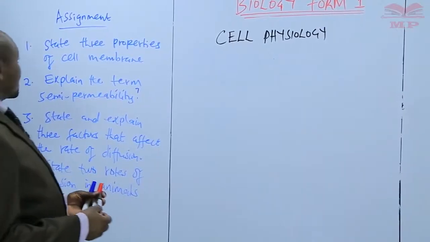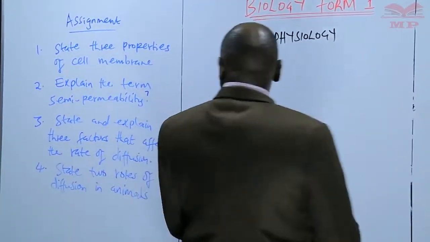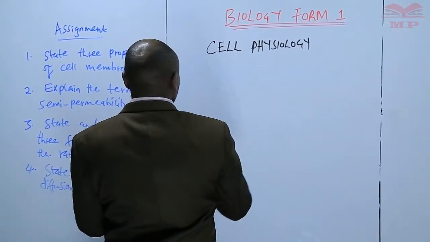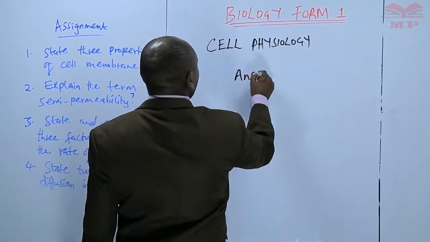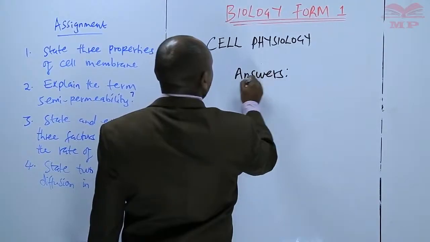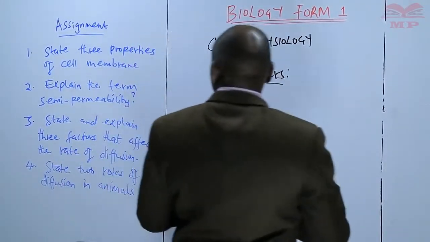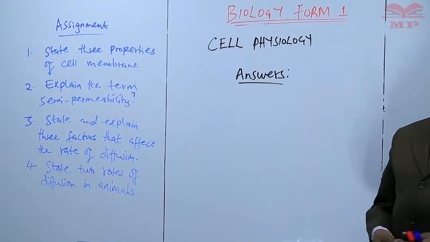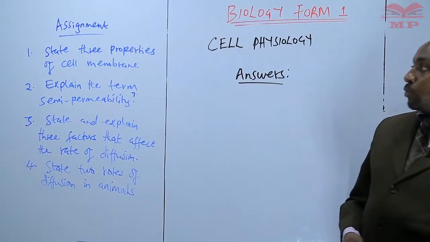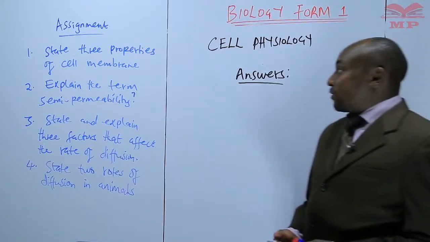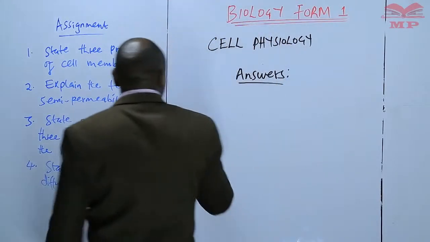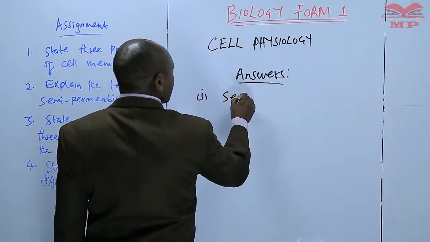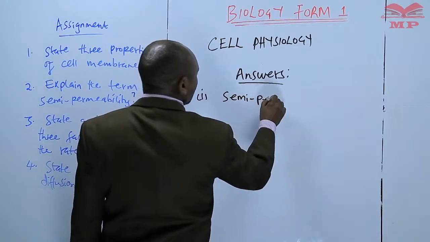During our last lesson, I gave you some questions that we are going to look at. The first question was, state 3 properties of cell membrane. Number 1, we said that the cell membrane is semi-permeable.